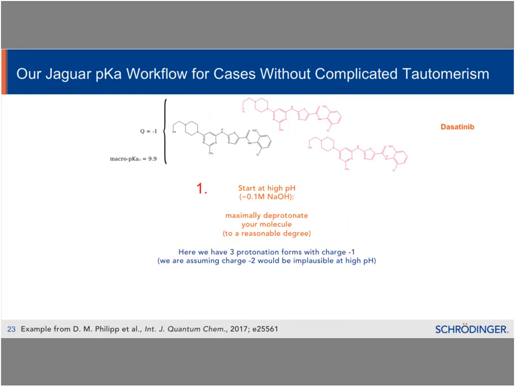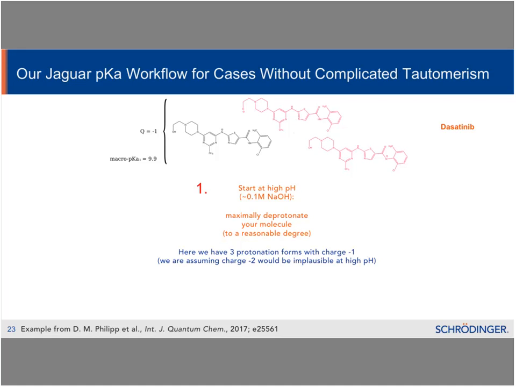And that would be represented with charge -1 here. And notice that there are 3 structures here that I was able to draw. I draw them by hand in this sort of manual approach. You need to draw or create all these molecules that you think are reasonable at charge -1.